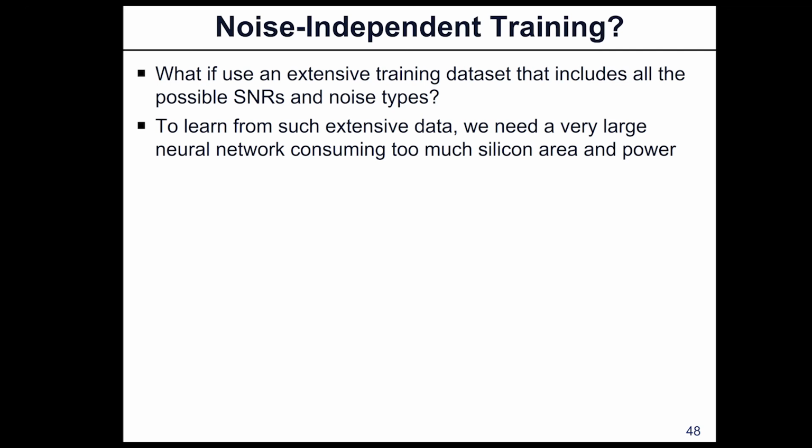If you try noise-independent training, it doesn't work. It just blows up the model, or the model can't learn all the different data. That's the challenge, and we need a better idea than the conventional data augmentation technique, noise-independent training, and so on.